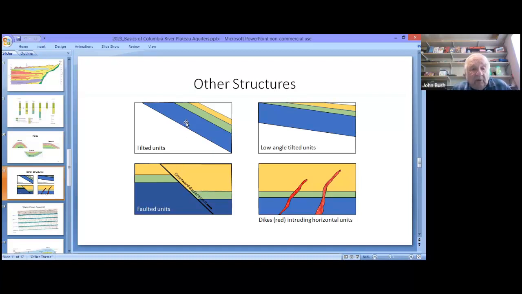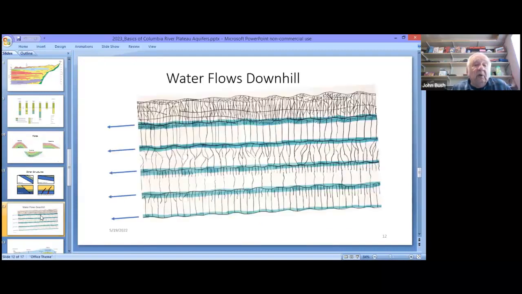We talk about tilted units. This is probably the most important in the Palouse Basin. When you have tilted units, it's going to interfere with the way the water flows. And a quick illustration here: what happens when you tilt the interflow zones? Well, basic engineering is water moves downhill. So if you tilt the interflow zones in any way, the water is going to move down the dip.